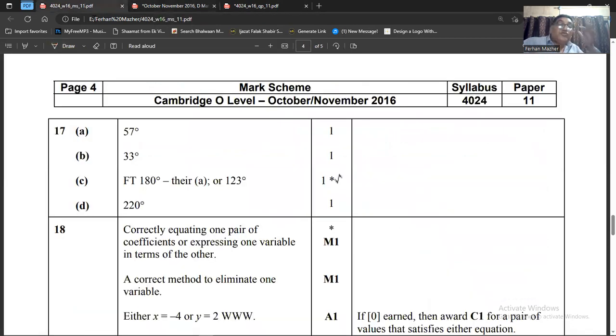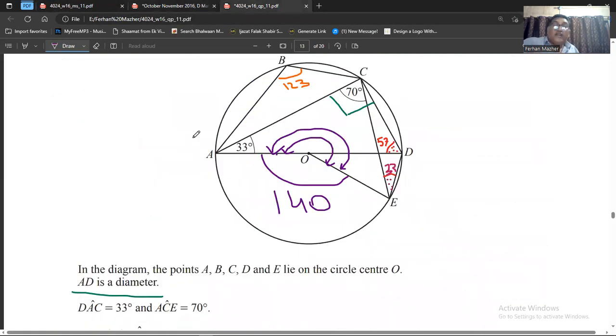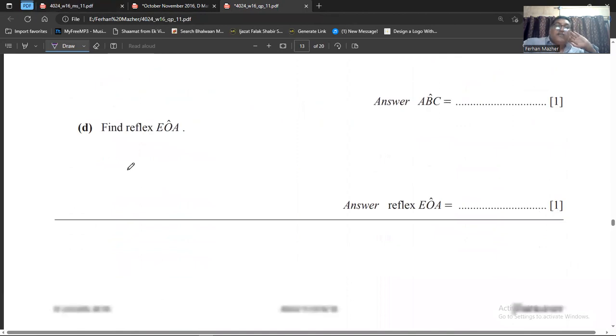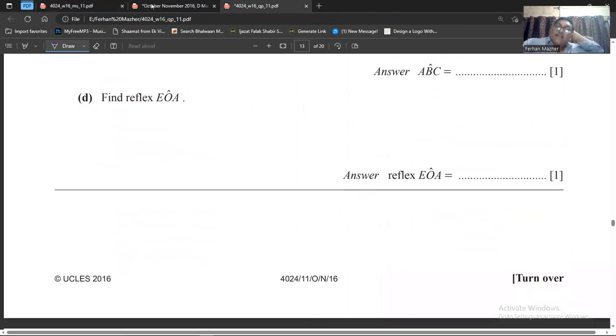So the reflex angle is 220. So our answer is right, 220. So this is how this question number 17 is done.